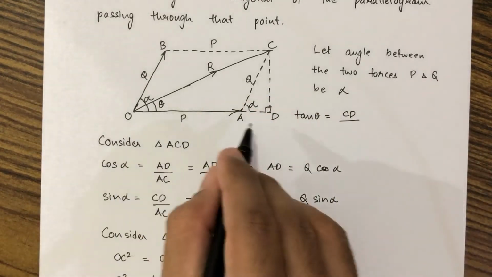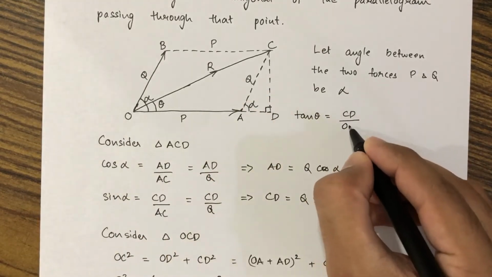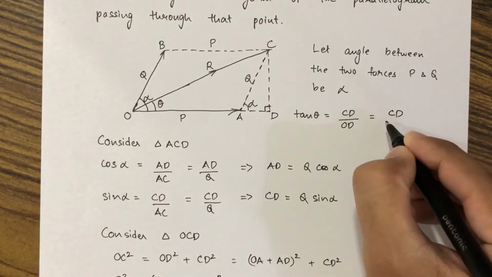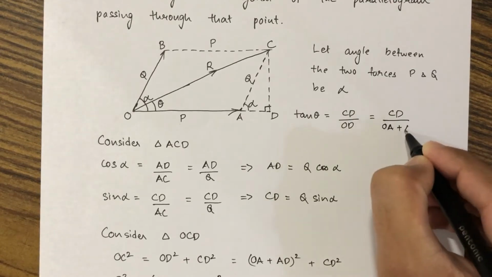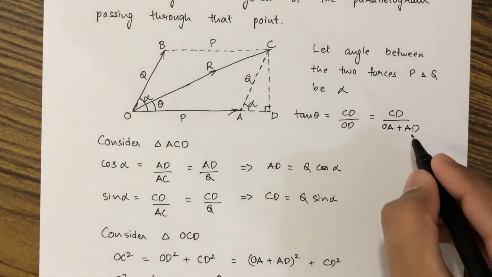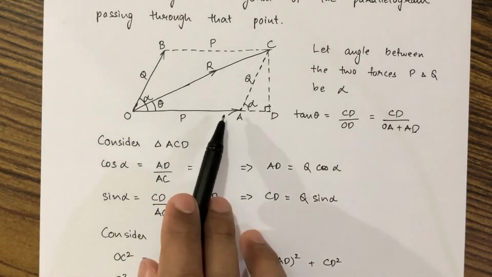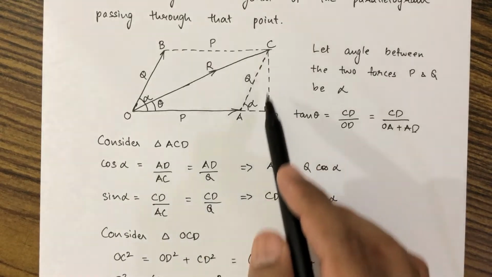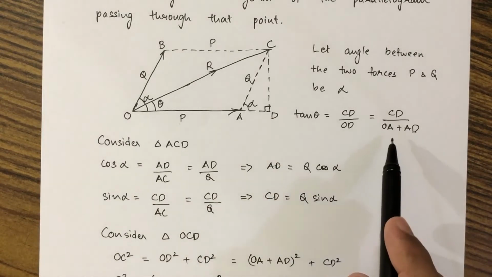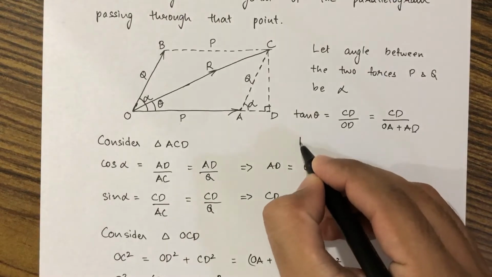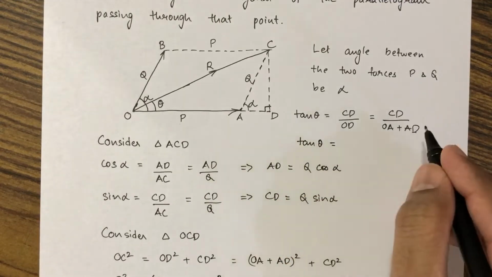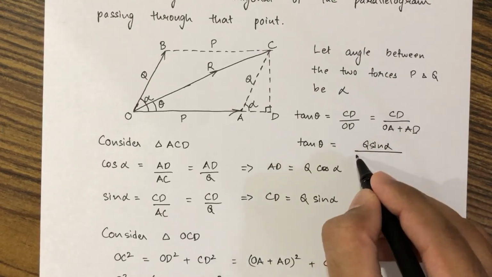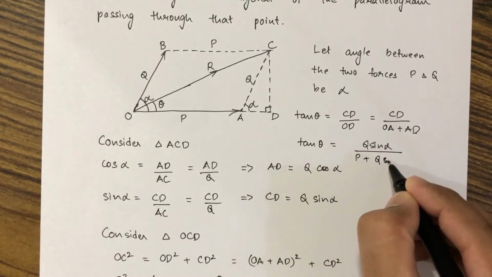But OD is OA plus AD, so this will be CD upon OA plus AD. Now OA is P, AD is Q cos alpha and CD is Q sin alpha. Substituting, we get tan theta is equal to Q sin alpha upon P plus Q cos alpha.